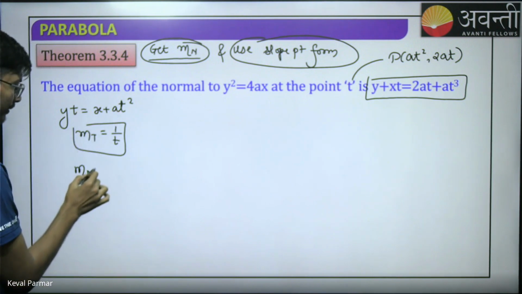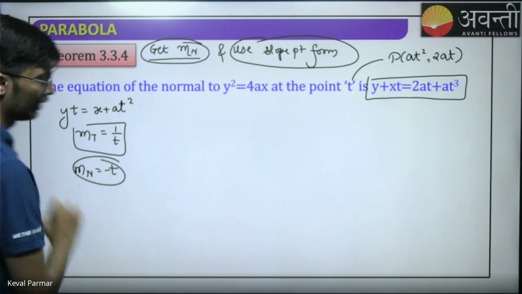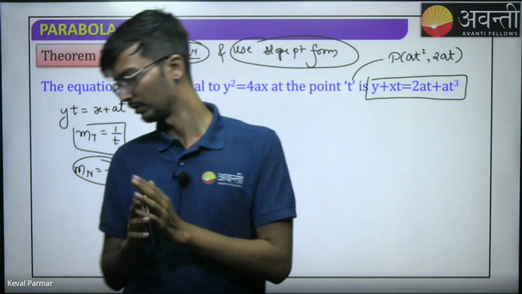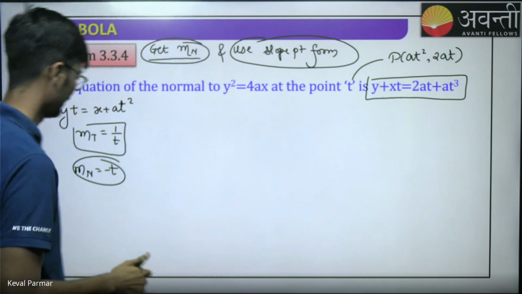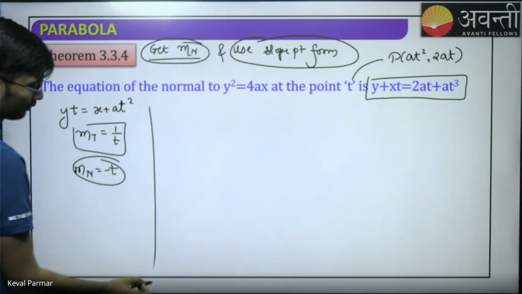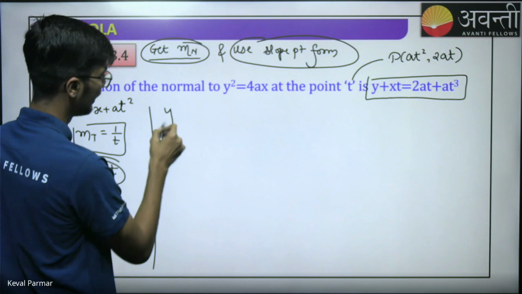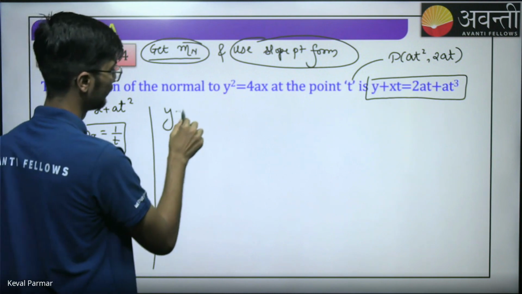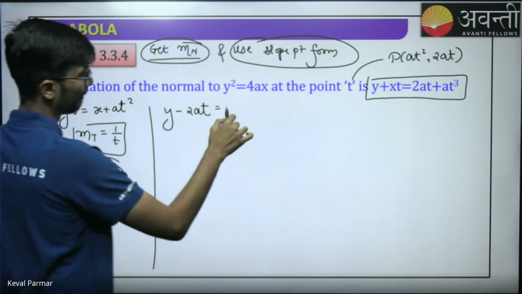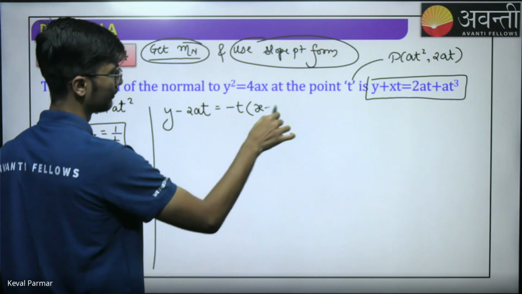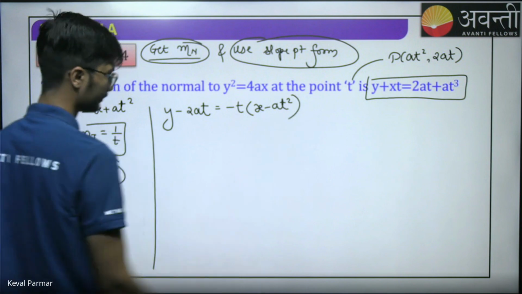What is the slope of normal? It is minus t. I hope you remember negative reciprocal, because the product of slopes is minus 1. This is a point. Let us use slope point form. We'll get y minus 2at is equal to minus t into x minus at square.